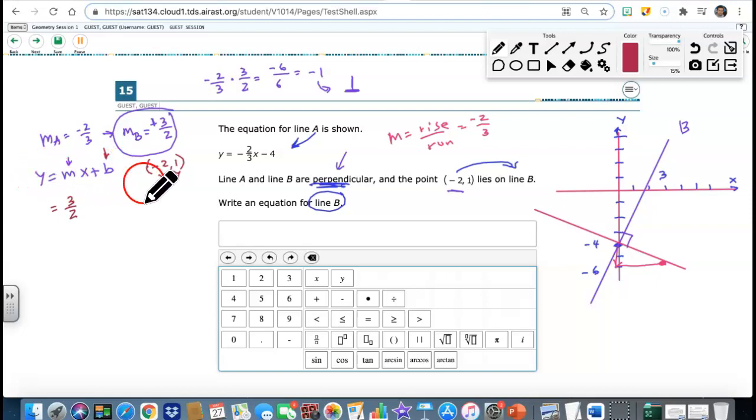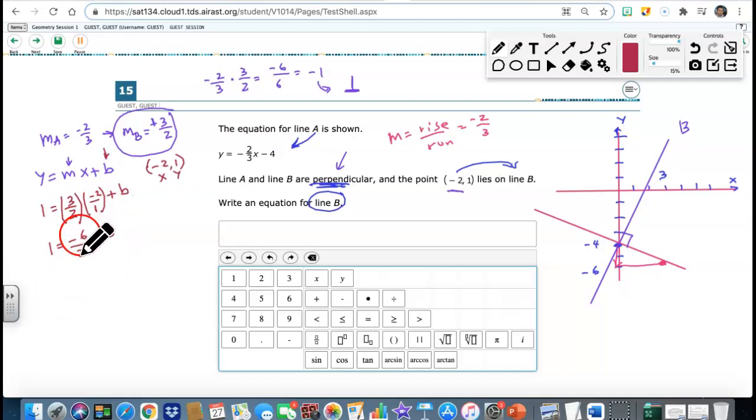Y equals, but y is 1, equals my slope times my x value, which is -2, plus b. And from here, I gotta find the value of b. Let's do the fractions thing. I need to make this -2 a fraction. Multiplying fractions, top with top. 3 times -2 is -6. Bottom with bottom.